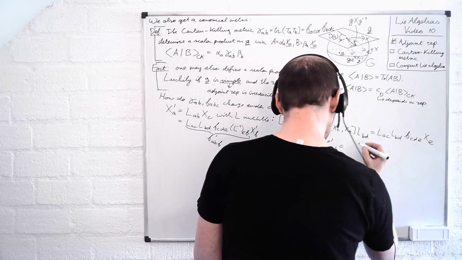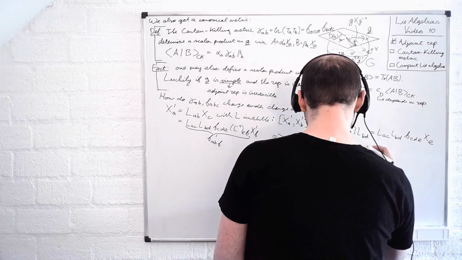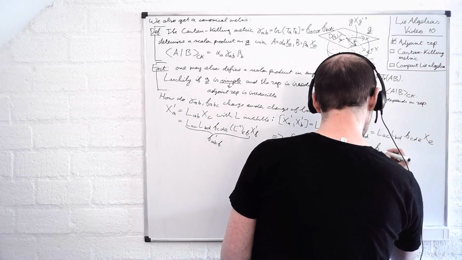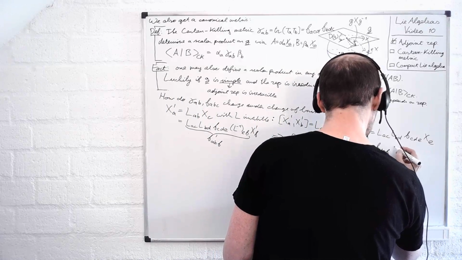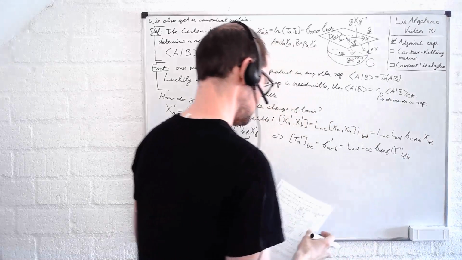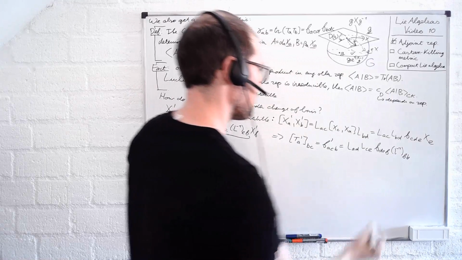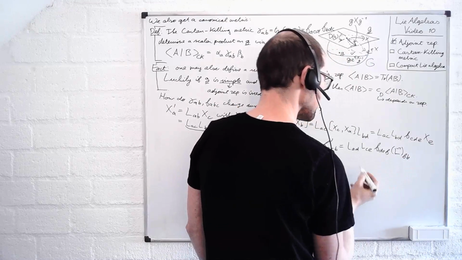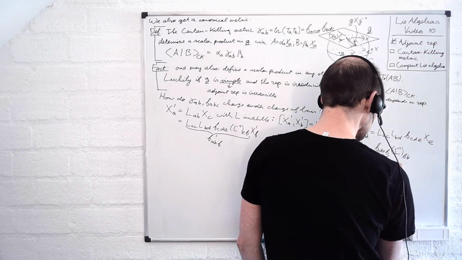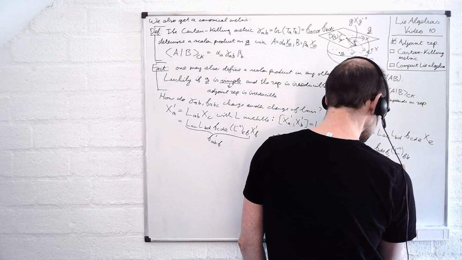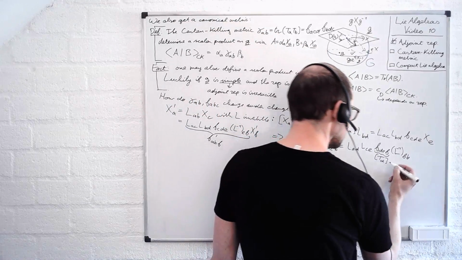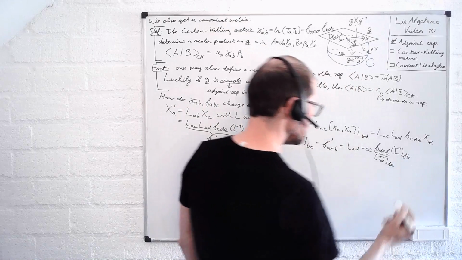So this is L_AD L_CE f_DEF L inverse_FB. But then we use that this was the matrix element in my original basis, T_D at position FE.